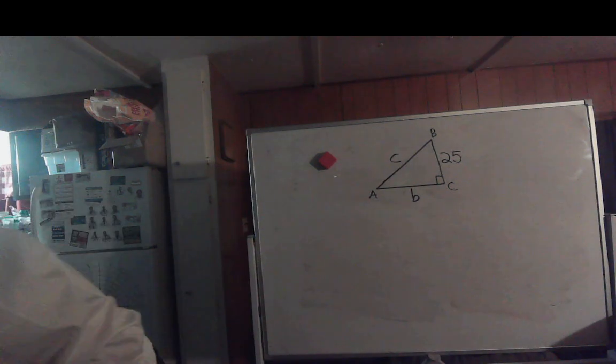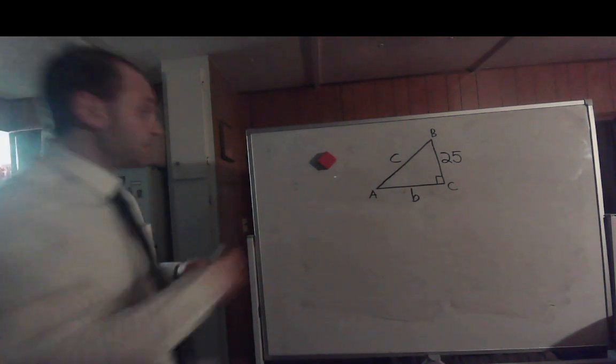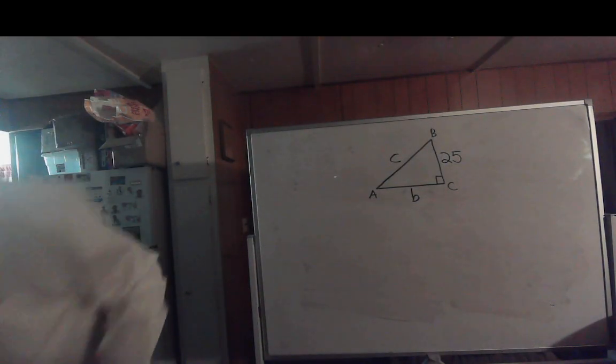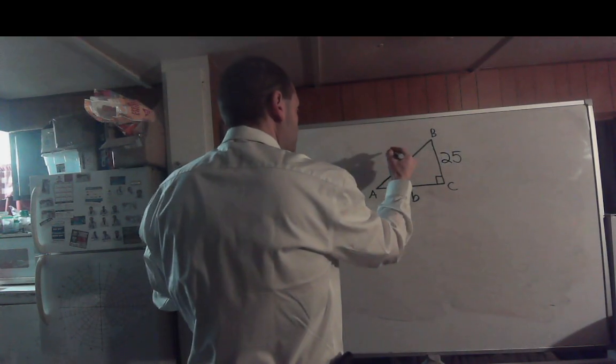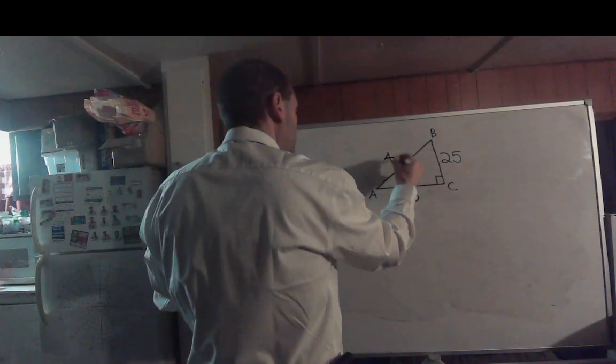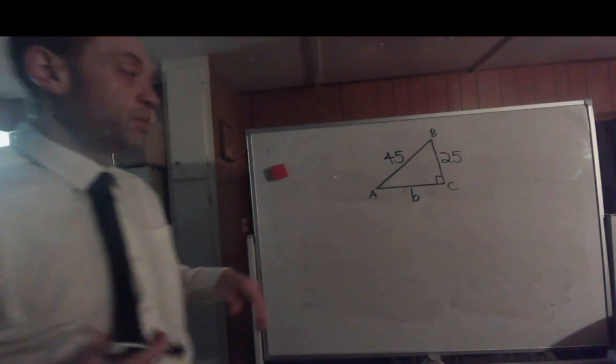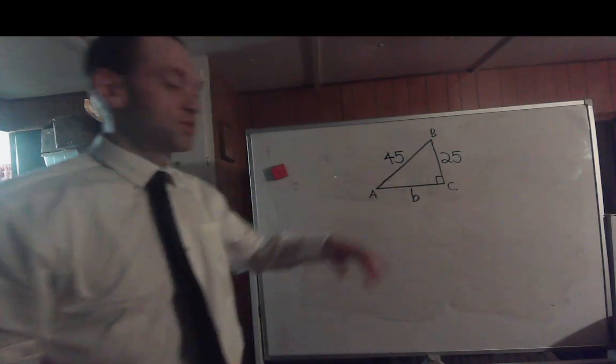Side B has a length of 45. Wait, that's not side B. This is side C, excuse me. Side C has a length of 45. So we're once again given two sides, but we don't have a clue what the two angles are yet.